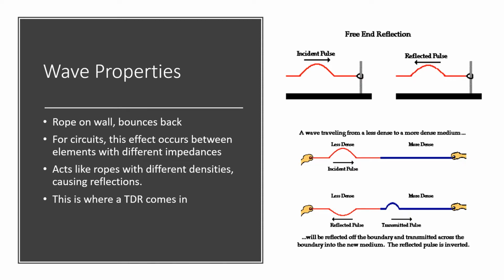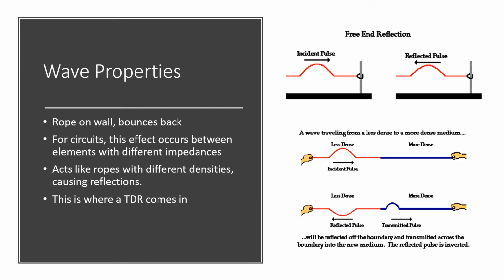The main wave property we're concerned with when looking at transmission line theory is reflections. It's very similar to a rope on a wall that you might have seen in an intro physics class, where they send a pulse along a rope and then when it hits the wall it bounces back.